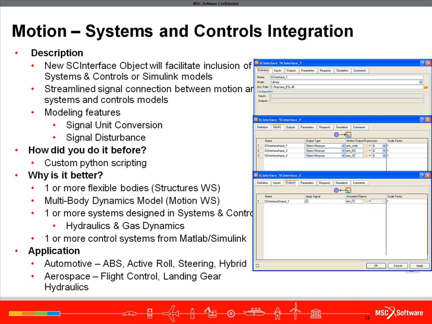Previously you had to use custom Python scripting for this, but now you can have a true multidisciplinary model with one or more flexible bodies, a multi-body dynamics model, and one or more systems designed in the systems and controls workspace. There are multiple applications that we can think of: anti-lock brake systems, active roll, steering, hybrid in the automotive world, flight controls, and landing gear hydraulics in the aerospace world, just to name a few.